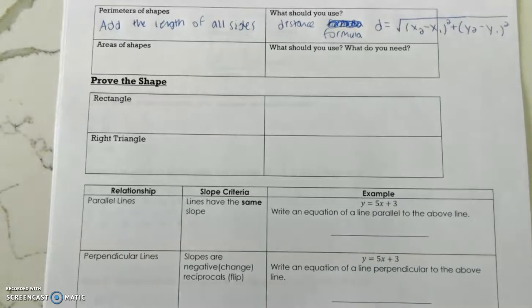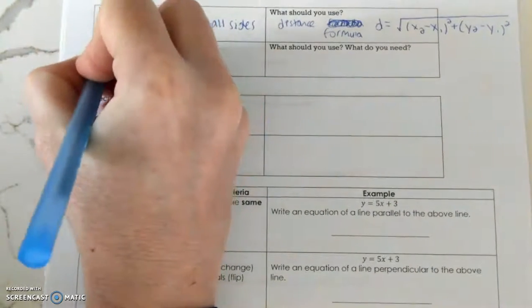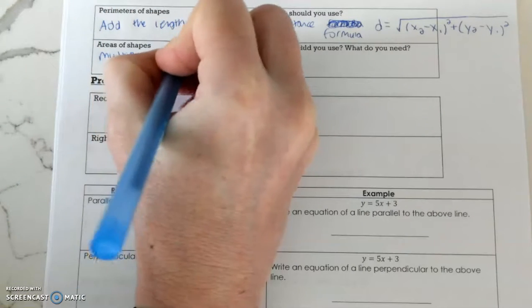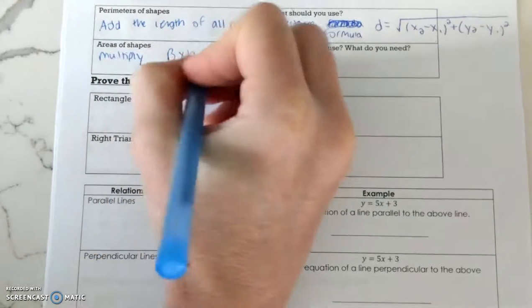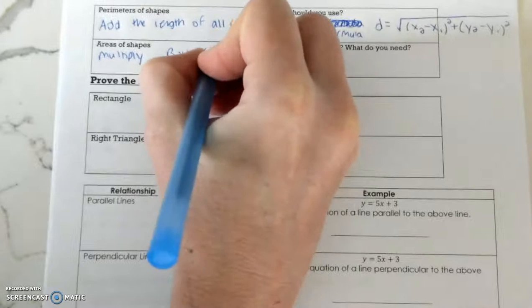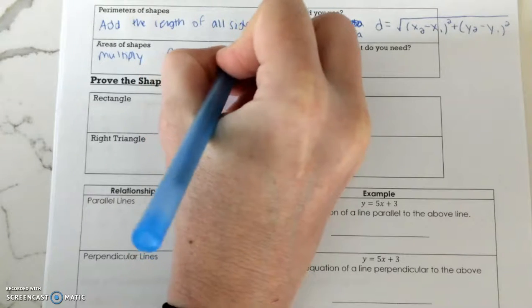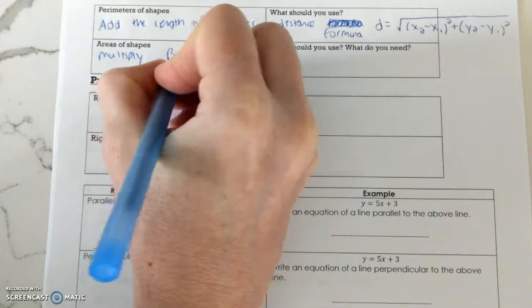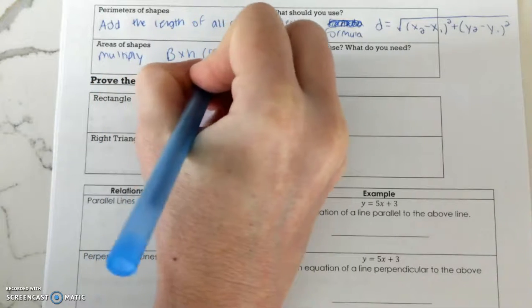All right, areas of shapes. You're going to multiply base times height if it's a rectangle. You're going to do 1/2 base times height if it's a triangle.